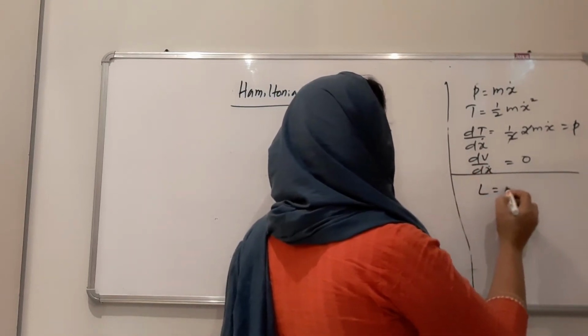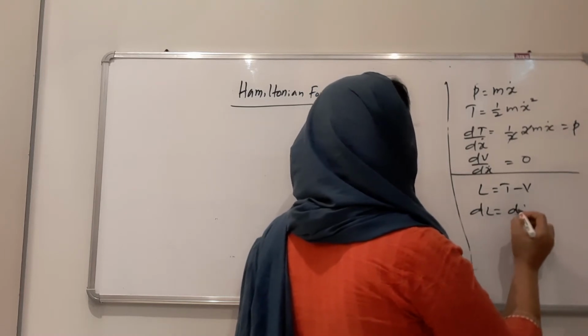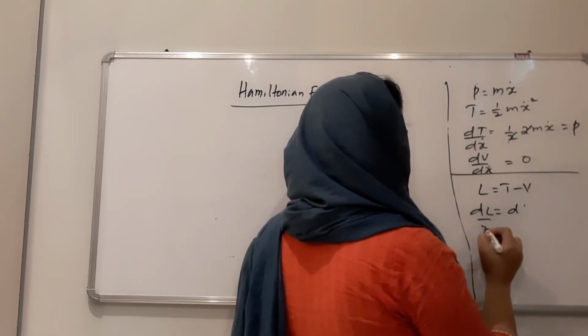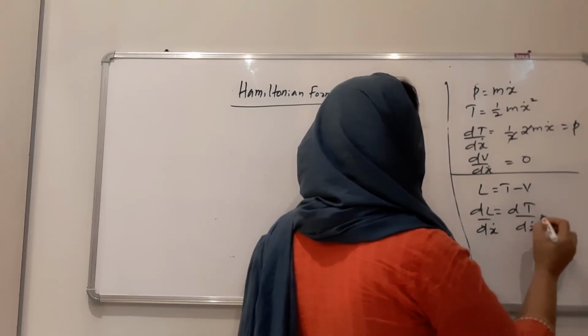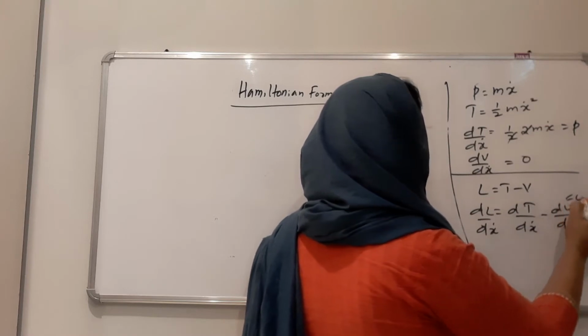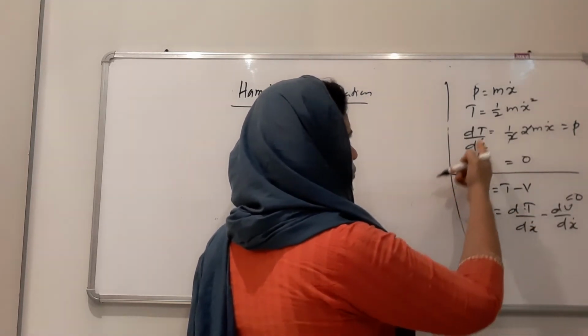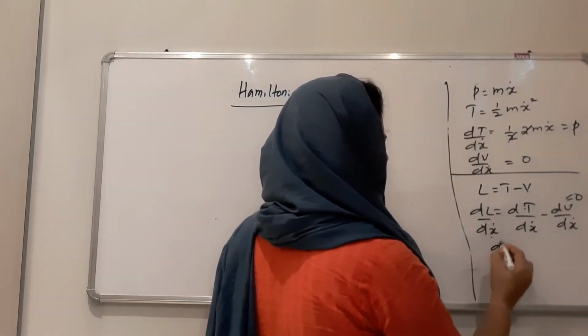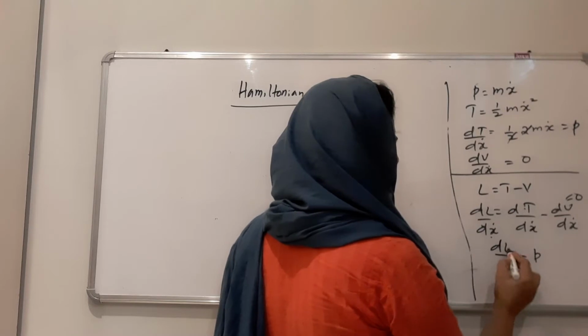Since L is equal to T minus V, dL by dx dot is equal to dT by dx dot minus dV by dx dot, and dV by dx dot is 0. Therefore dL by dx dot is equal to dT by dx dot, that is equal to p.